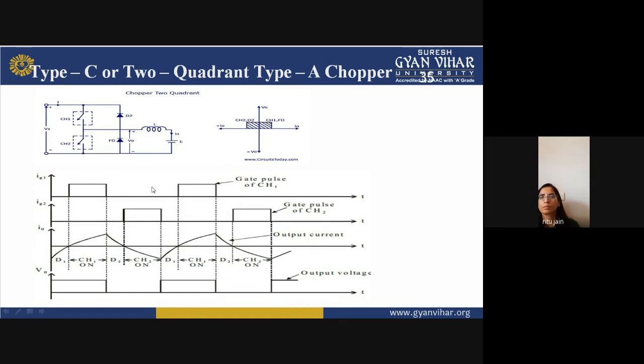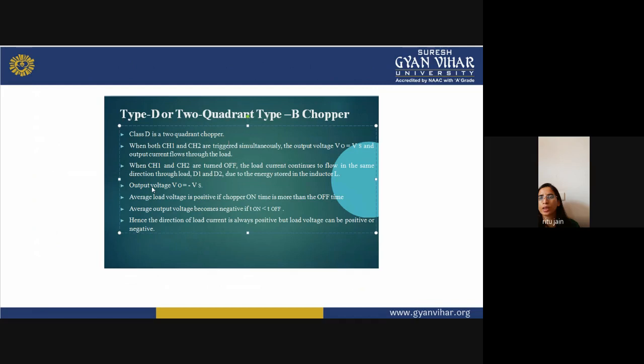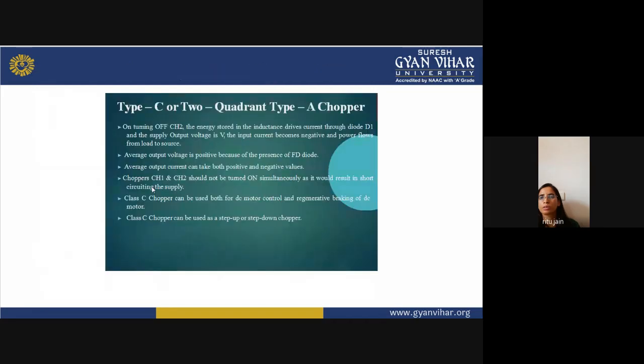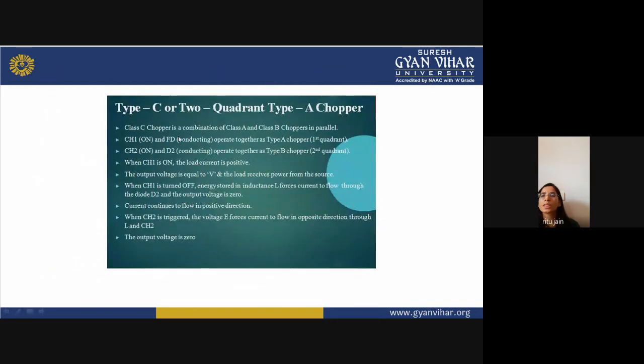Then when D2 and CH2 are conducting, that is your type B chopper. So when CH2 and diode D2 are conducting, they operate as your type B chopper.